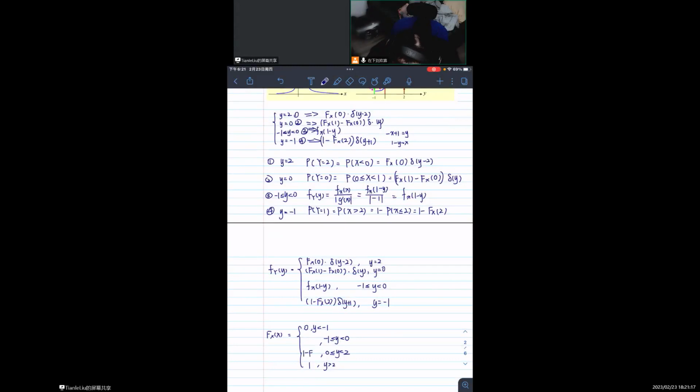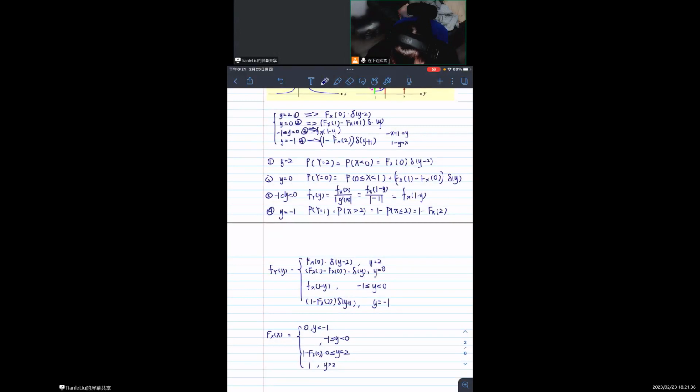So for this one we directly get 1 minus the density function of x at 0, because the impulse function is just an instant jump, not a continuing process.